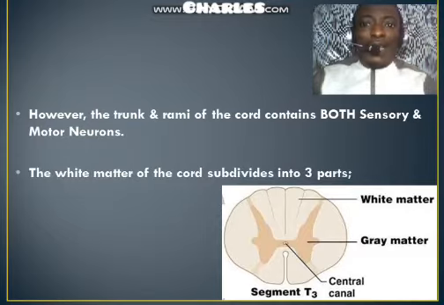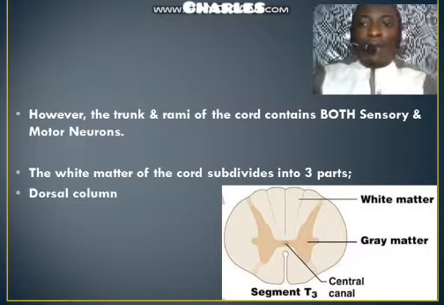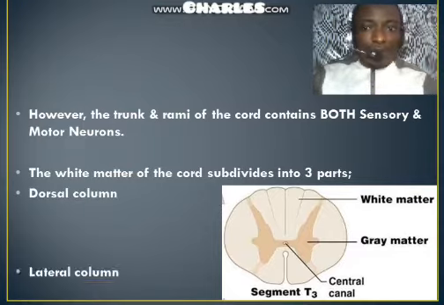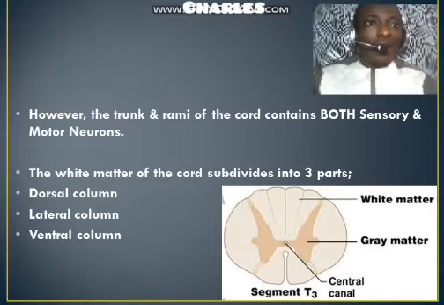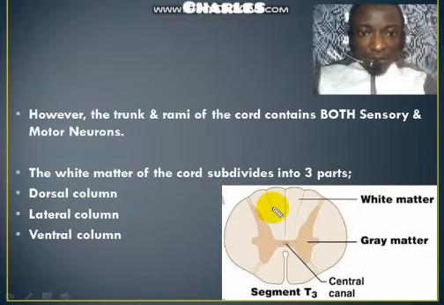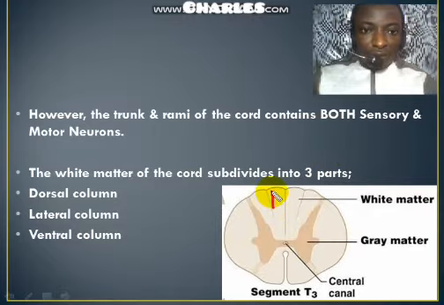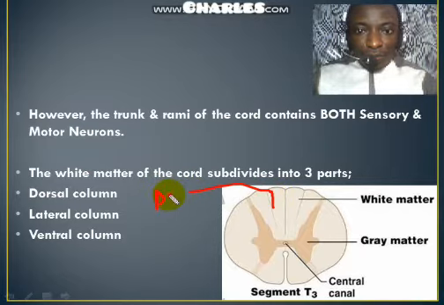The white matter of the spinal cord is also subdivided into three parts. These are the dorsal column, the lateral column, and the ventral column. Let me show you in a bit. This part of the cord represents the dorsal column.